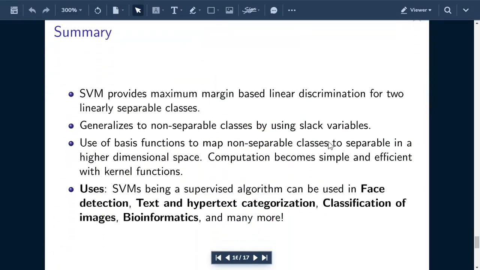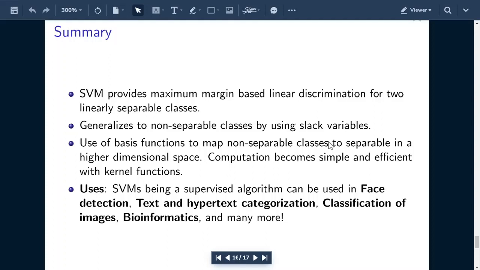Okay. Now coming to the summary, the final part. I hope you have enjoyed it. I myself have enjoyed sharing with you. So SVM, we have studied how to find SVM, the hard margin classifier, a linear classifier, hyperplane, designing the margin, increasing the distance between the margins. Then we can take it to linearly non-separable classes by using slack variables, penalty.